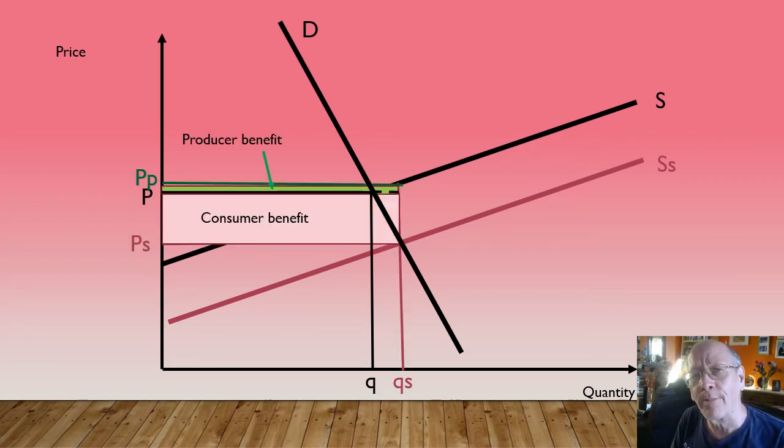So the diagram, well, slightly more complex than the tax diagram, but remember that everything is going on at a quantity of QS, the new market clearing quantity. As far as the consumer is concerned, the price has fallen from P down to PS. So that rectangle there is the consumer benefit.